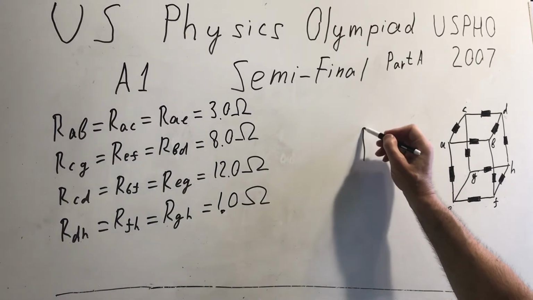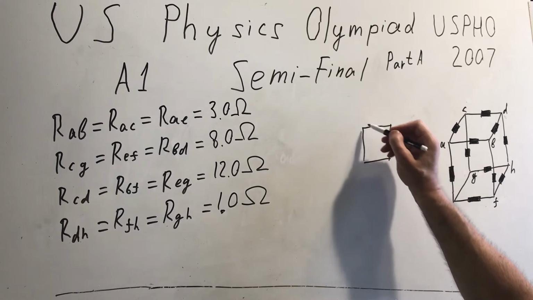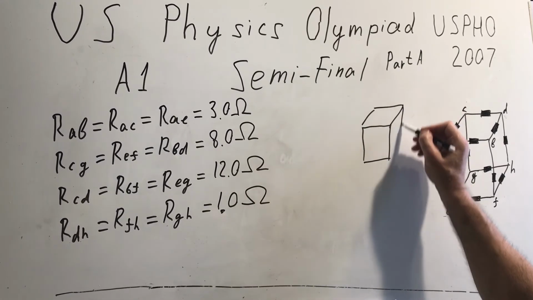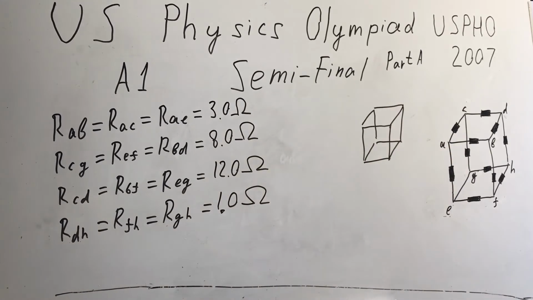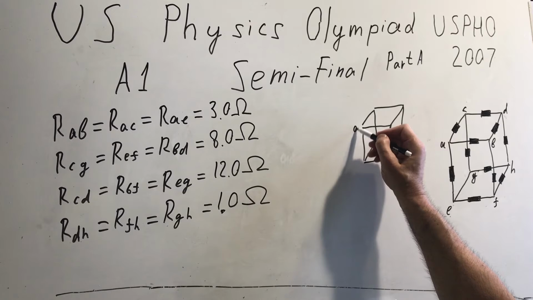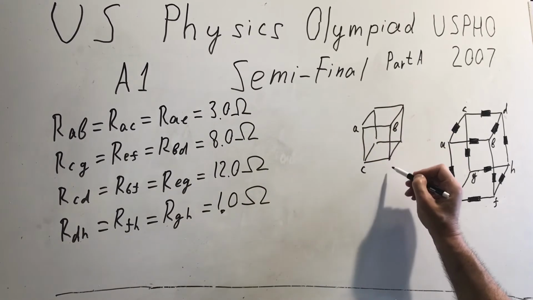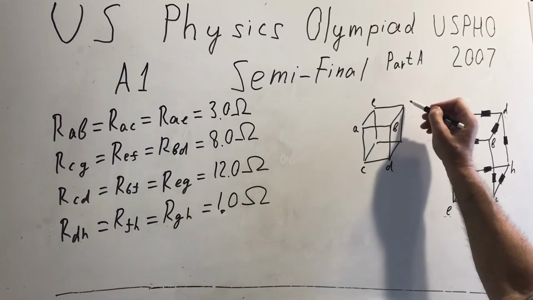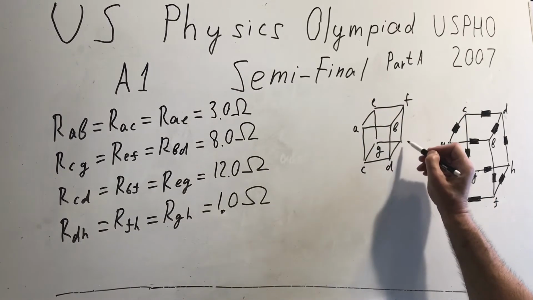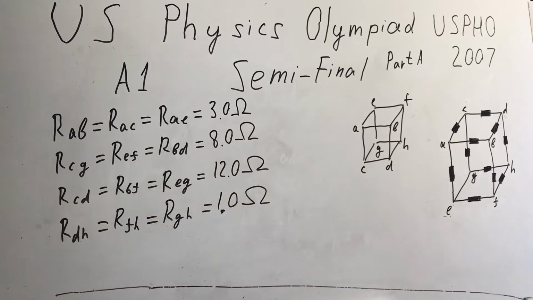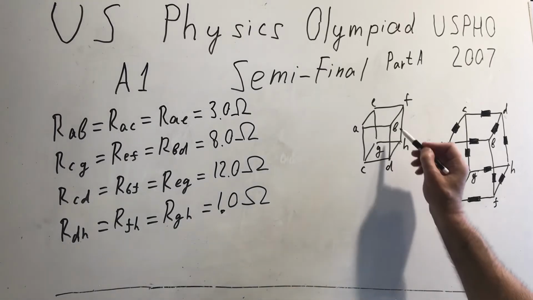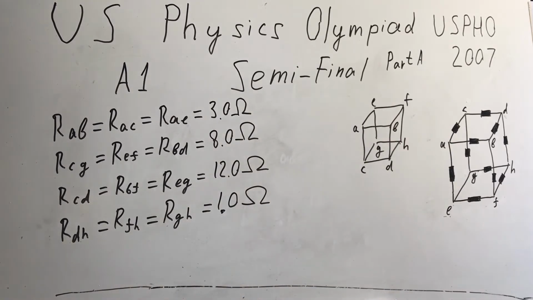Suppose that we have the same cube, but all resistors are equal, and we need to find the resistance between points A and H. We can see that points C, B, E are in symmetry, so they have the same potential.